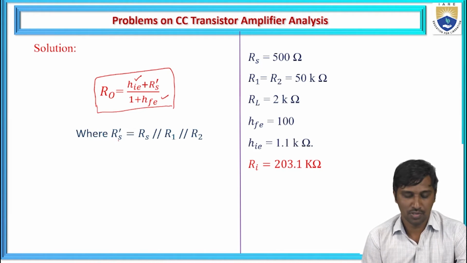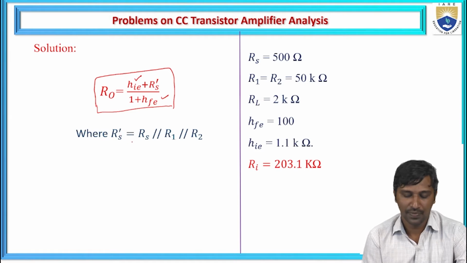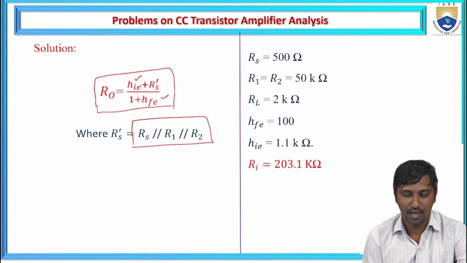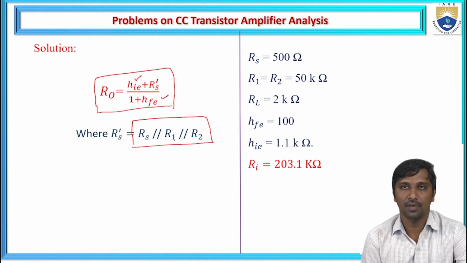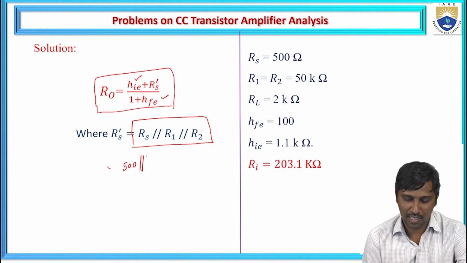With respect to the source resistance, we need to calculate the total input impedance. So I'm going to calculate this R dash S. From that circuit, R dash S is represented as the parallel combination of the RS resistance, R1 and R2. So this 500 ohms is in parallel with R1 and R2.